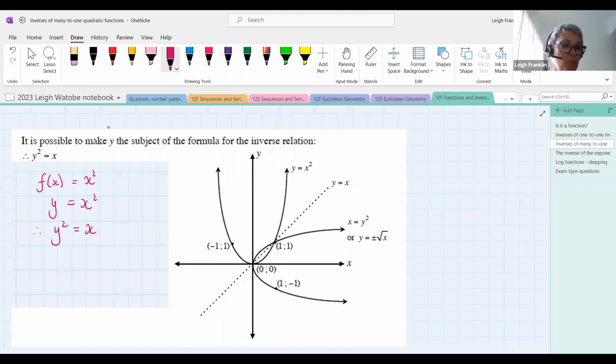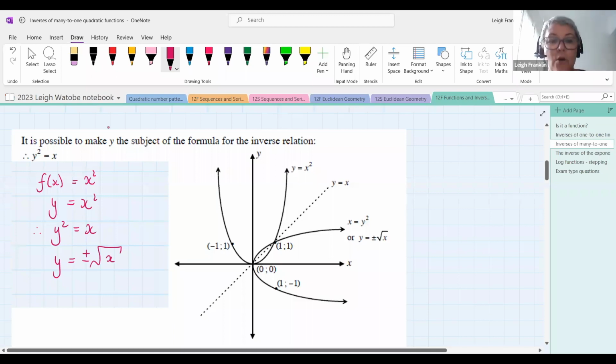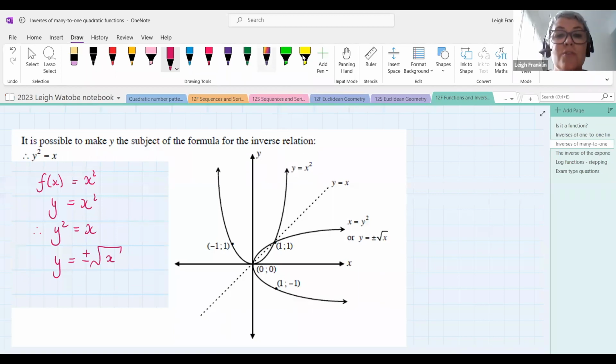We've switched x and y around. Now, if we want to make y the subject of the formula, we need to take the square root on both sides. So y can be equal to plus or minus the square root of x. That's exactly what they're showing us over here.